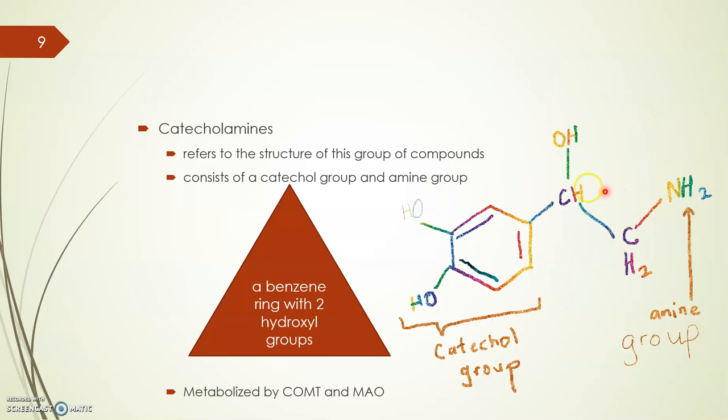And then we have an amine group. Okay, amine, NH2 amine. So catechol and the amine group. And so these catecholamines, okay, they are metabolized by the catechol O-methyltransferase enzyme and also the monoamine oxidase enzyme. So catechol O-methyltransferase and monoamine oxidase will metabolize the catecholamines.